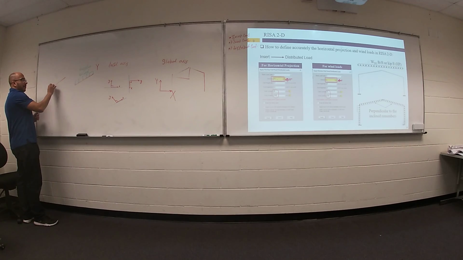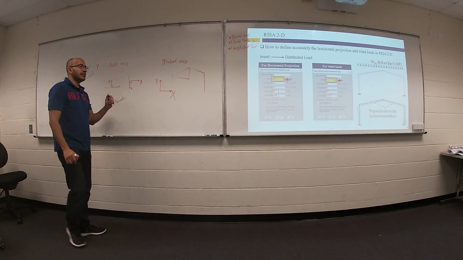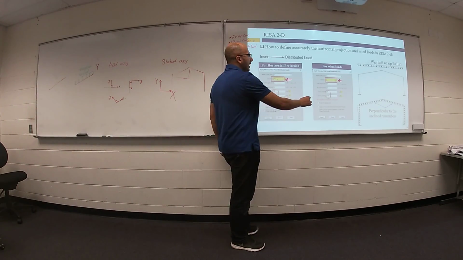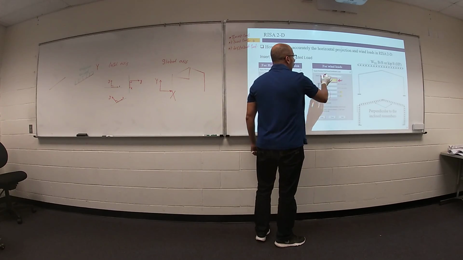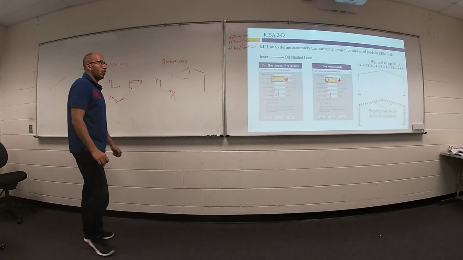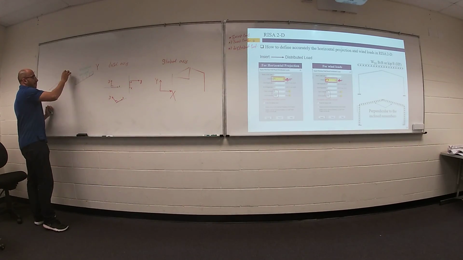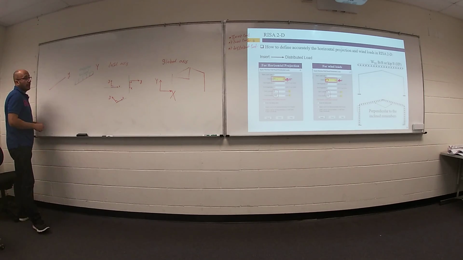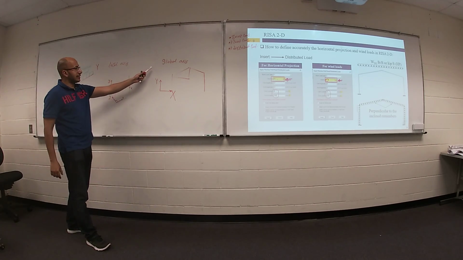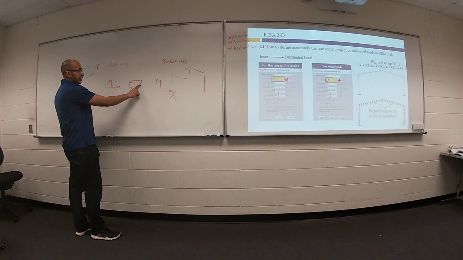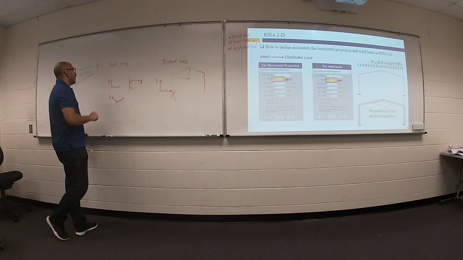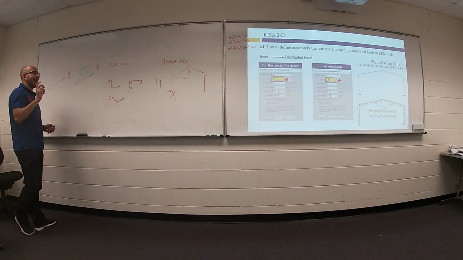And for the same member, you choose your direction small y. What is the meaning of small y? Local axis or global axis? Local. Small letter x or y means local. Okay, you choose y, local axis.